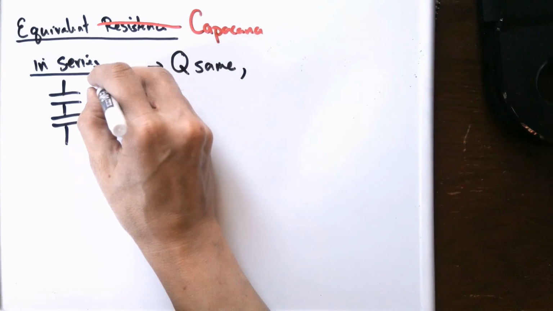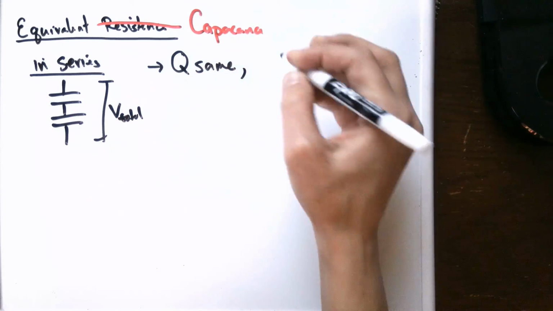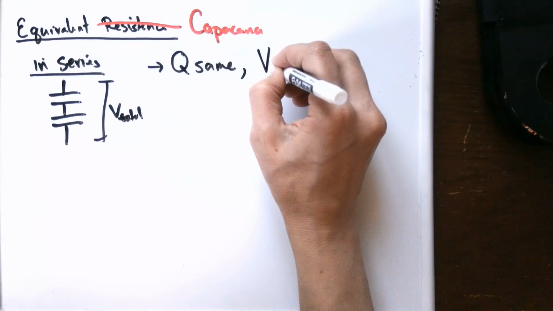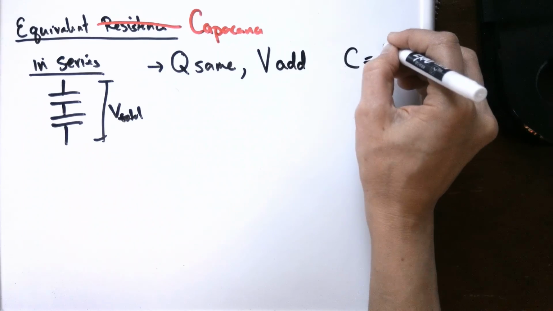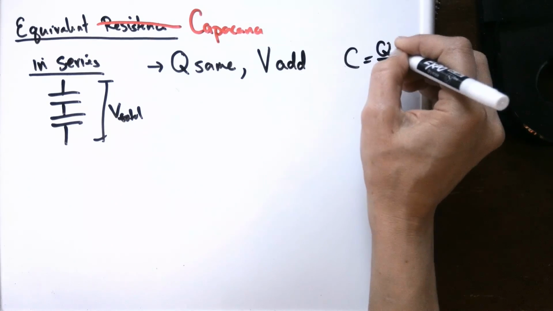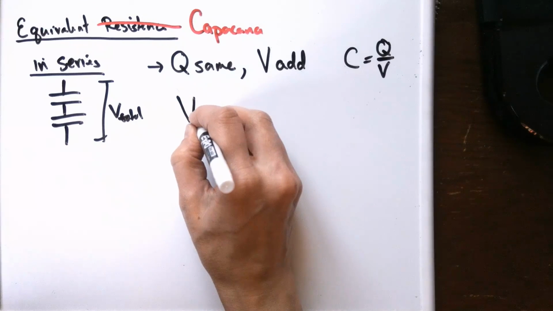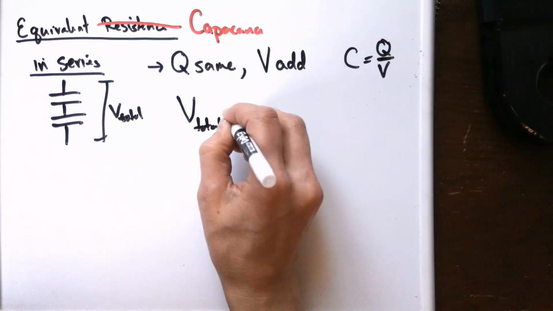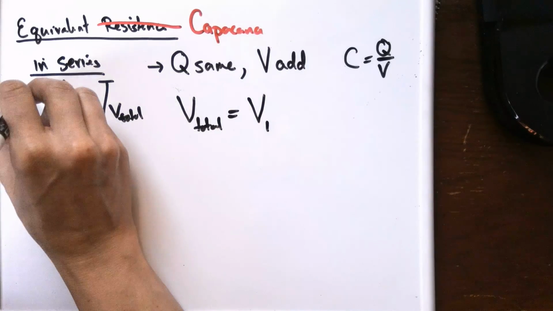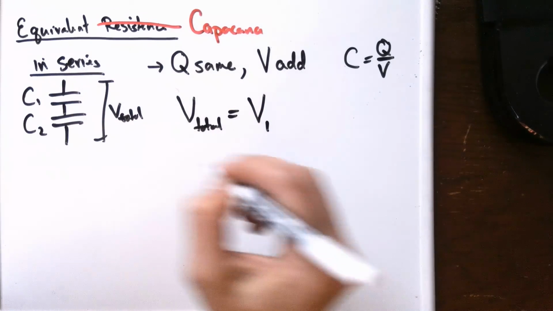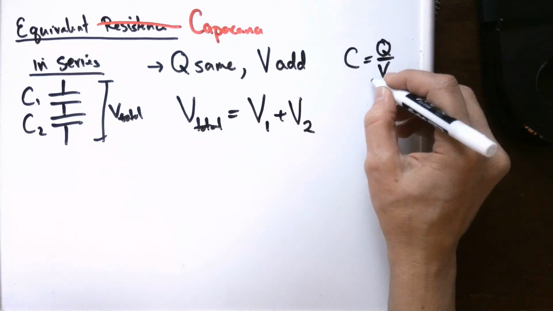But then if we want to know the total voltage, top to bottom, the voltages, they add. And we also need to know the capacitance is Q over V. All right, so then knowing that, the total voltage over these two capacitors is going to be the voltage over capacitor 1, I'll call that guy capacitor 1, this one capacitor 2, and the voltage over capacitor 2.